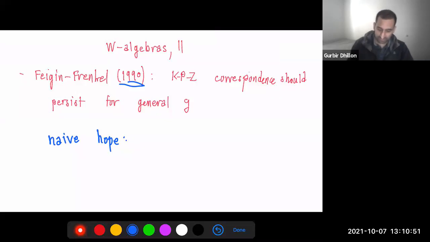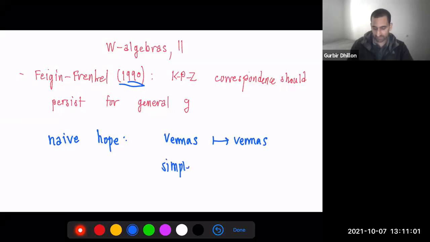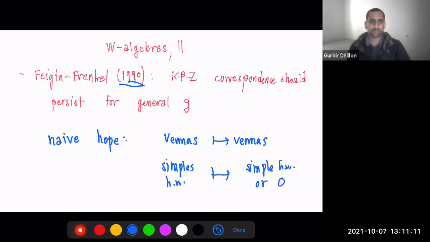So the naive hope would be something like, again, Vermas go to Vermas, and say simples would go to maybe simple highest weight modules or 0. That was roughly the state at which they left their prediction.